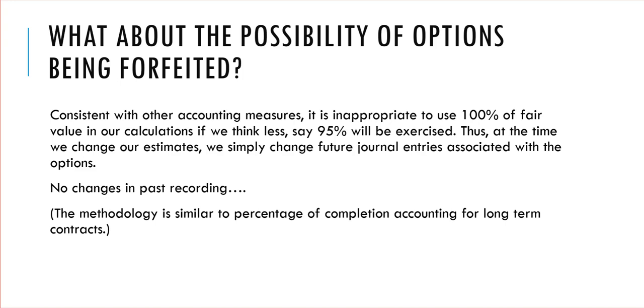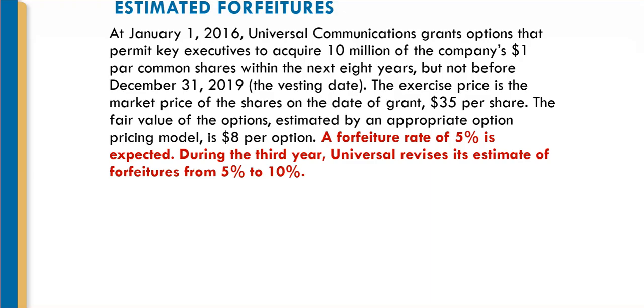Well, we need to adjust. We need to not put the whole total amount of compensation cost at 100%. We're going to make compensation cost 95%. And then we are going to allocate compensation expense between the time periods. So here's the problem.